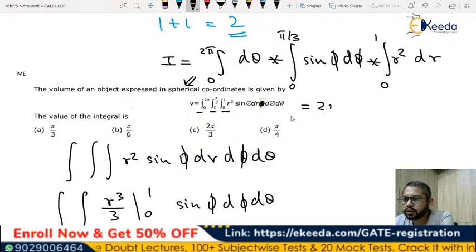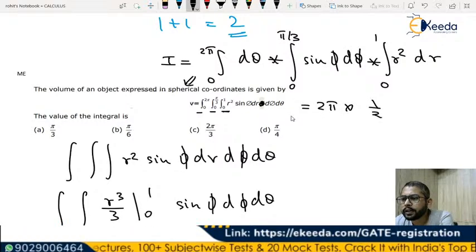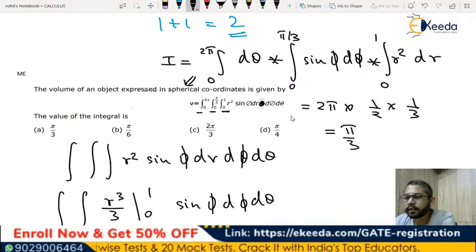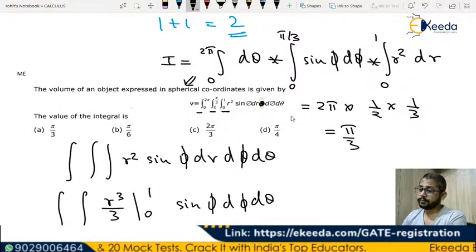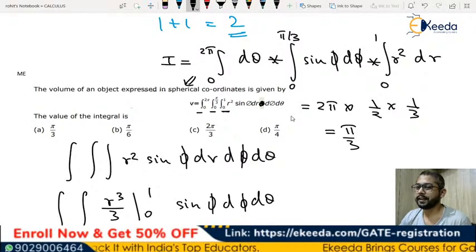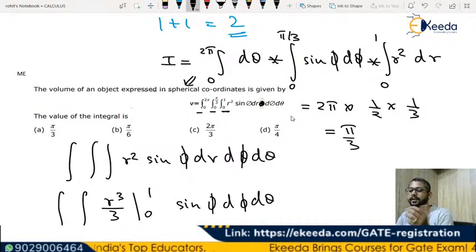You'll get 2 pi into 1 by 2 into 1 by 3, which is again pi by 3. The good thing is you can only do it when the limits are independent. If the limits are x in terms of y, you cannot do this.